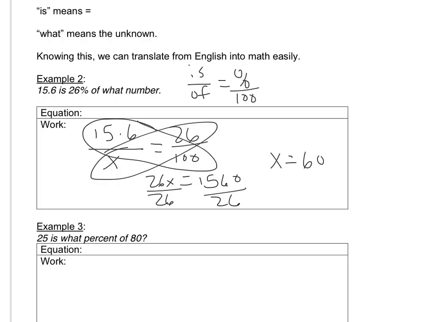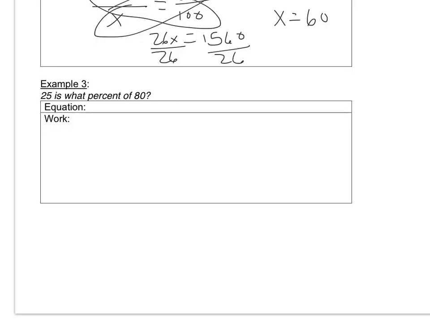Let's take a look at another one. 25 is what percent of 80? So 25 over 80 equals x over 100. Now, I would simplify this right away before I did the multiplying, so it would be 5 over 16 equals x over 100.